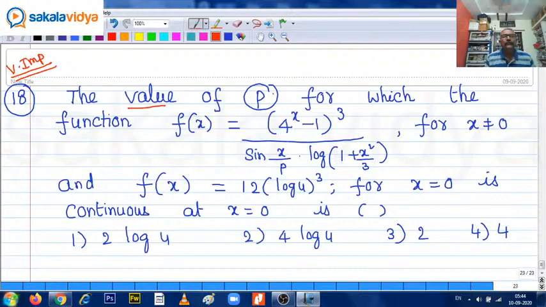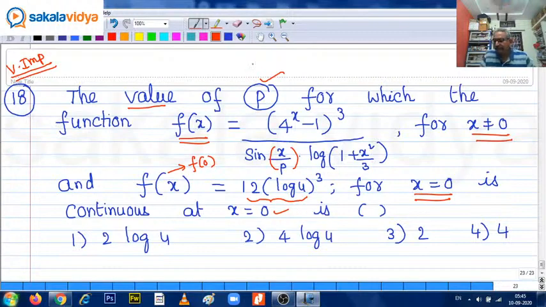The value of p for which f of x equals 4 power x minus 1 whole cube upon sine of x by p times log of 1 plus x square by 3 for x not equal to 0. If x is equal to 0, f of x is equal to 12 log 4 whole cube. That means this is nothing but f of 0, continuous at x equal to 0. Then we need to find out the p value.